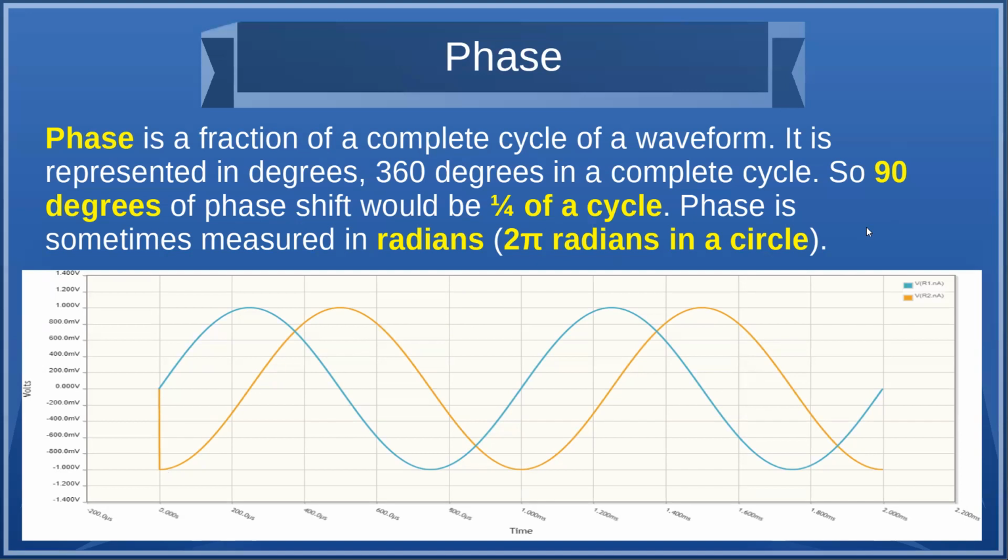Oh, and I forgot to mention, when we do radians or radial velocity, we represent it with the symbol omega, which is like a little funny W, which represents 2 pi times the frequency.